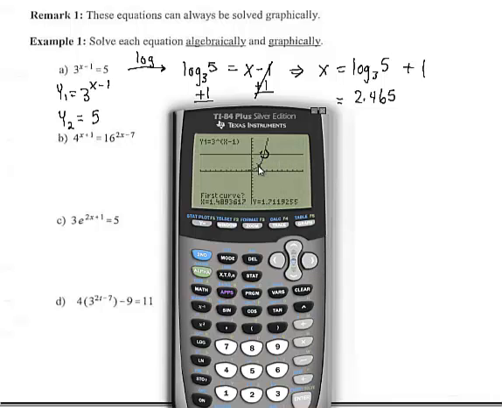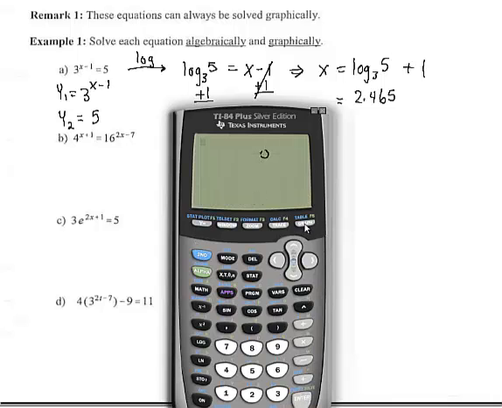You just want to select one line. Our cursor is sitting on top of the exponential function right now, so we hit enter, and then you see it immediately jumps to the second line that we have in our y editor, y equal 5.